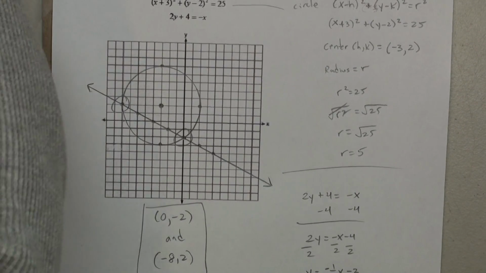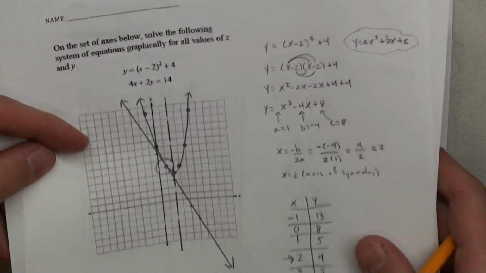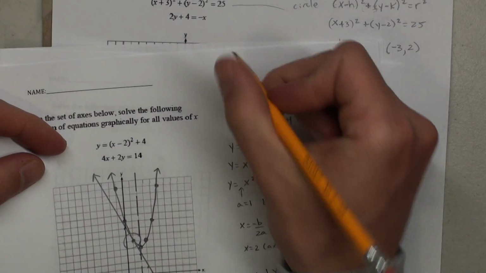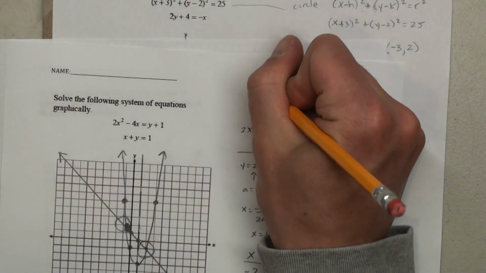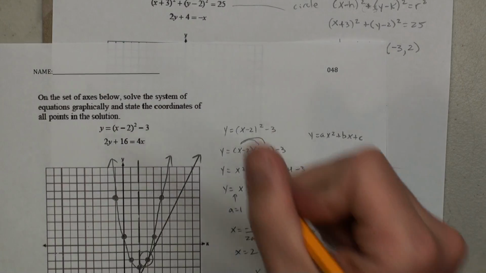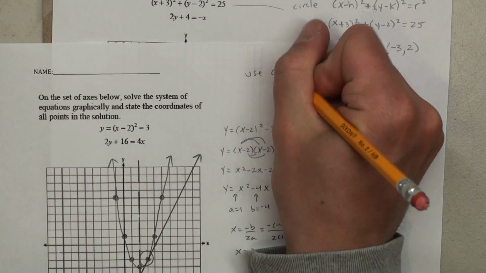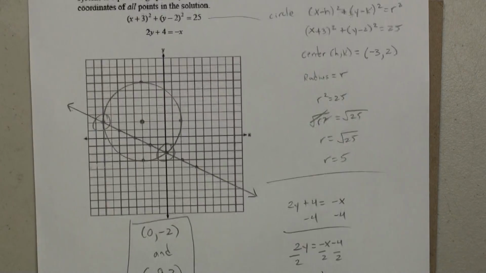So let's just do one quick thing. For number 46, put use calc at the top. 47, use calc. 48, use calc. 49, you can't use the calc.